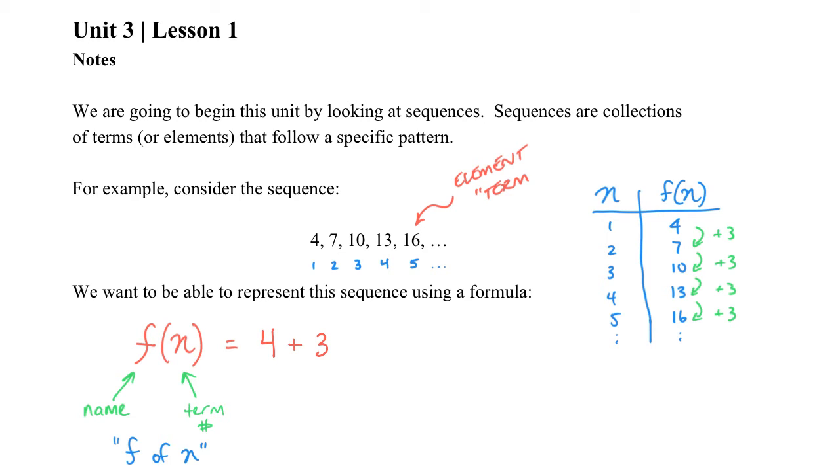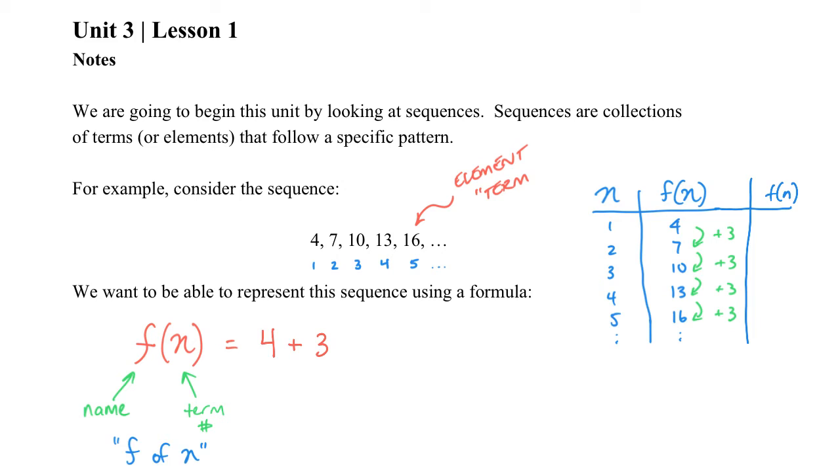And if you look at this, to go from the first term to the second term, it's adding 3 times 1. This is kind of confusing, but try to follow along with me. Let me write this a different way.